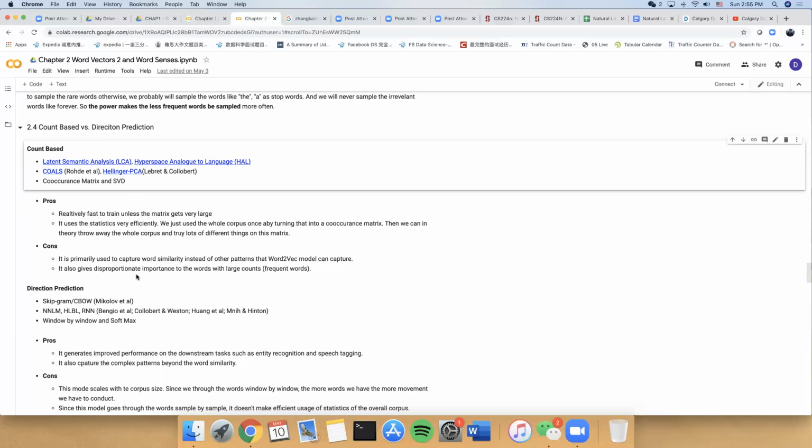But does that really mean it's a word you care about, like I, she, he, or other such words? Not really. Do those words give you a lot of information about the entire context? Not really. So this is a specific disadvantage this type of model has. It cares more about the frequency instead of the true meaning of the word.